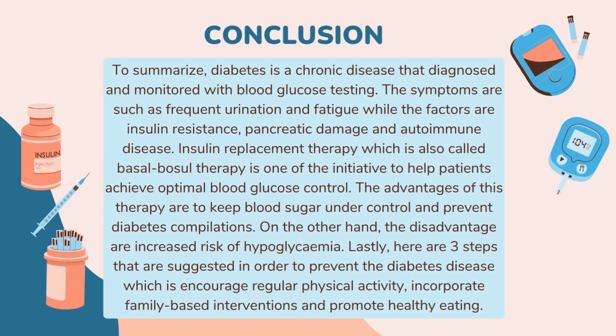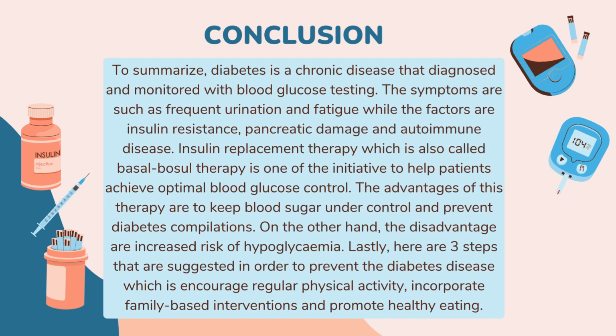Conclusion. To summarize, diabetes is a chronic disease that is diagnosed and monitored with blood glucose testing. The symptoms include frequent urination and fatigue, while the factors are insulin resistance, pancreatic damage, and autoimmune disease. Insulin replacement therapy, which is also called basal bolus therapy, is one of the initiatives to help patients achieve optimal blood glucose control.